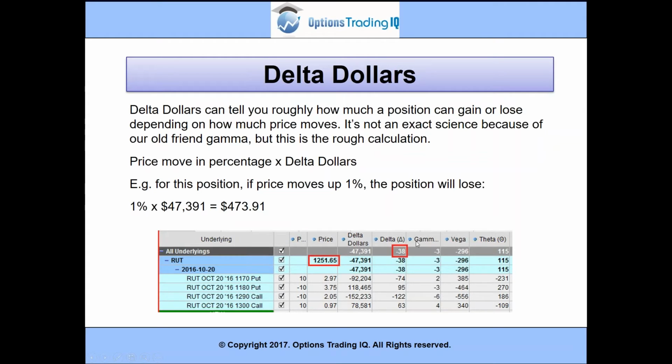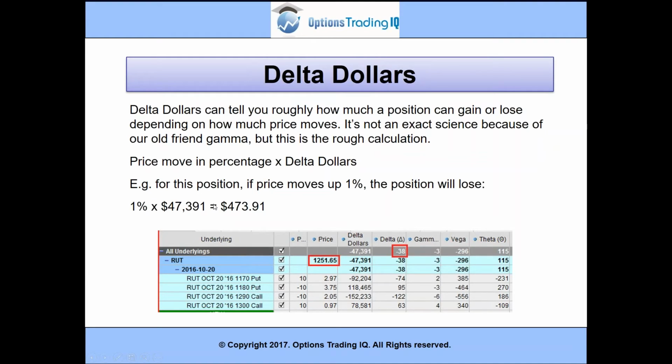So if you're going into the day and the futures look like they're going to open up, you know you're going to be roughly down another $473 on this position. In all likelihood it might be a little more because gamma is going to affect the portfolio as well.